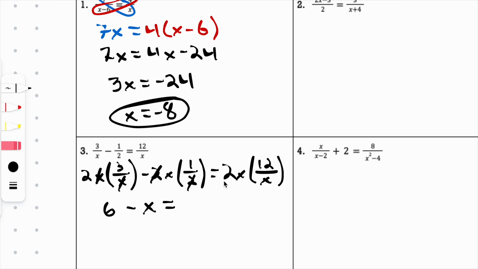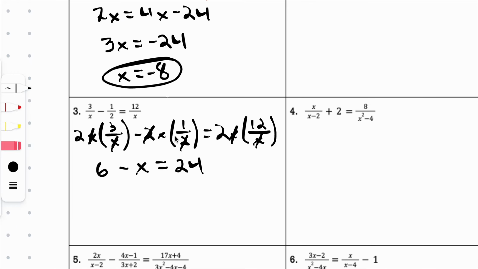And that's equal to 2x times 12 over x. And again, the x's cancel out. 2 times 12 is 24. Now we just solve for x. So we subtract 6 from both sides, and we're left with 18. We multiply or divide by -1, and so we get x equals -18.